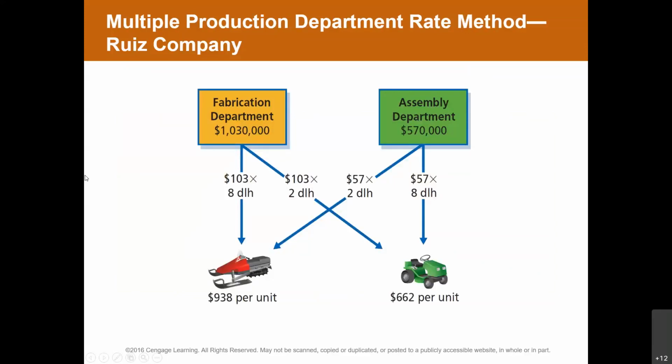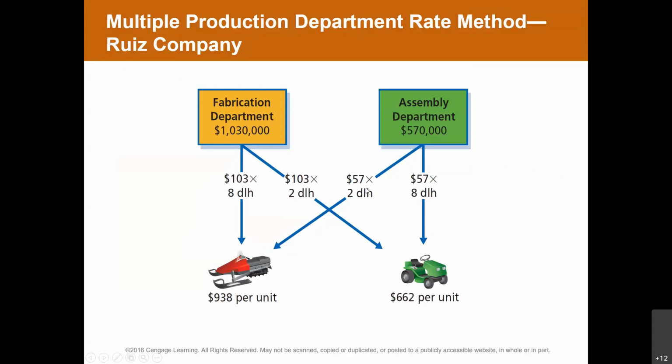I like it. So how does it look, again, graphically? For the overhead fabrication department, we allocated $1,030,000. For the assembly department, the overhead allocation was $570,000. We then have the allocation $103, 8 hours for the snowmobiles, 2 hours for the lawnmower.